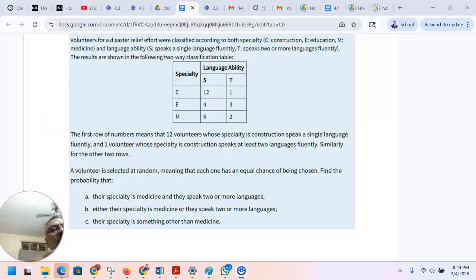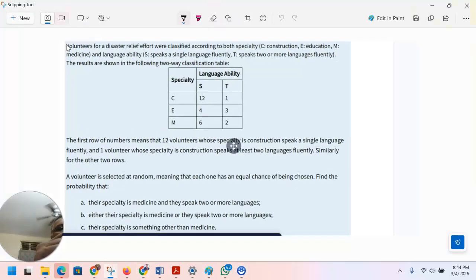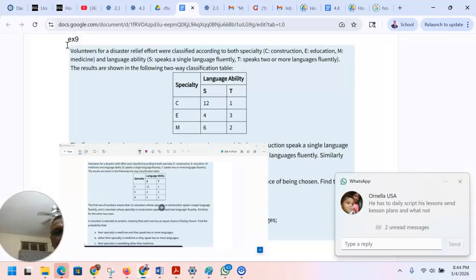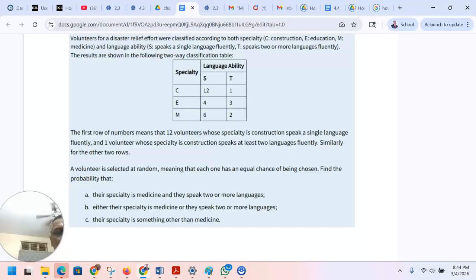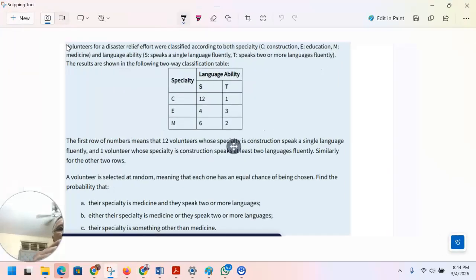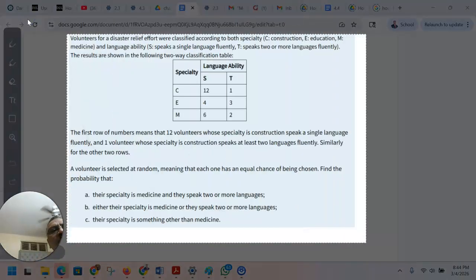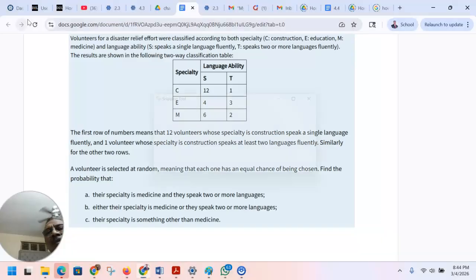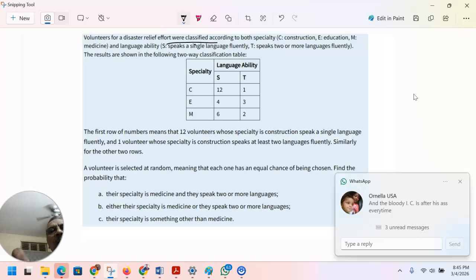If you see the next example here, it is also example number 9. So let me show. Example number 9: volunteers for a disaster relief effort are classified.